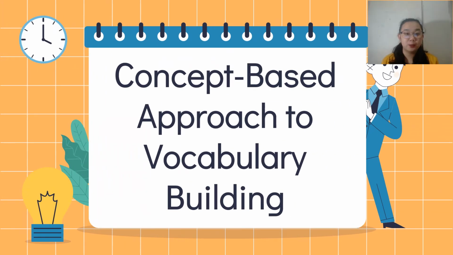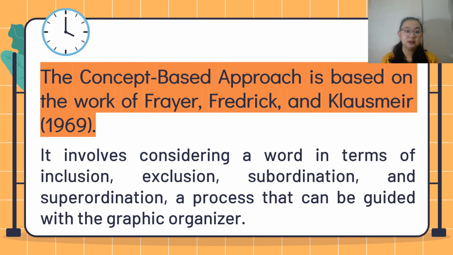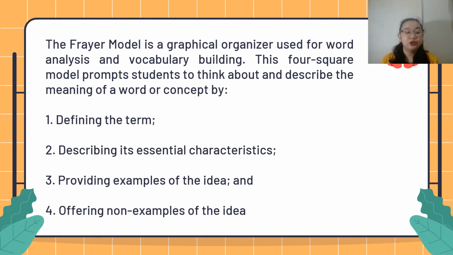For our second subtopic, we have the concept-based approach to vocabulary building. The concept-based approach is based on the work of Frayer, Frederick, and Klausmeier. The Frayer model is a graphic organizer used for word analysis or vocabulary building.